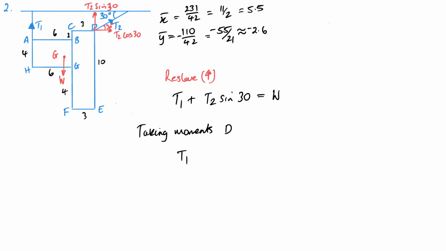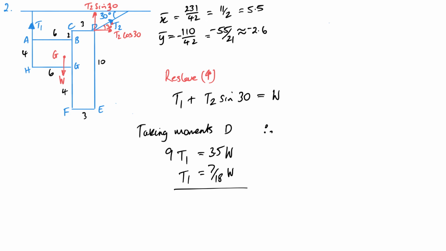So that means I've got T1, which is 9 away, so 9T1, and then we've got our W, which is 5.5, but this total distance is 9. So 9 minus 5.5 is 3.5, isn't it? So there we have T1 equals 7 over 18 W.